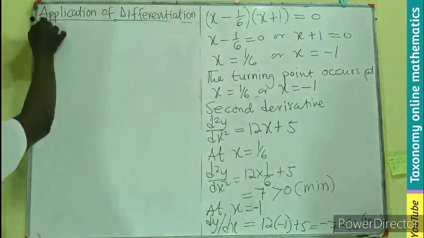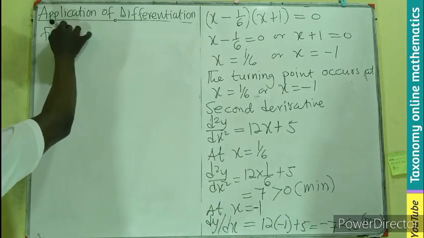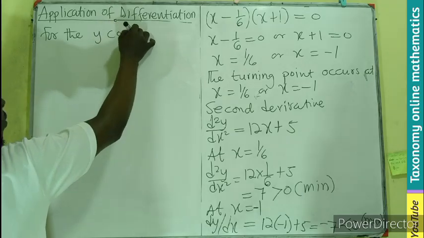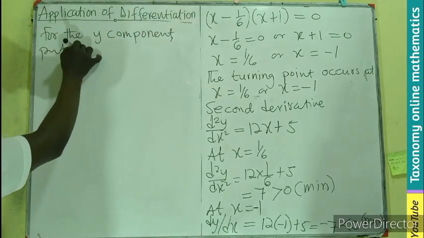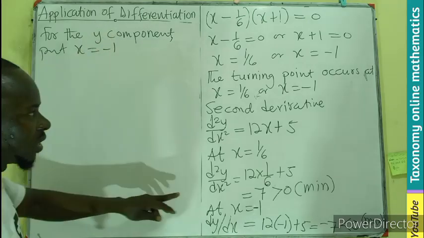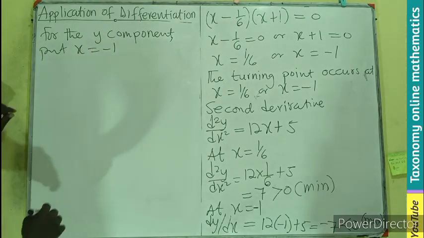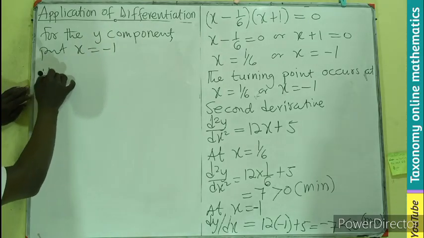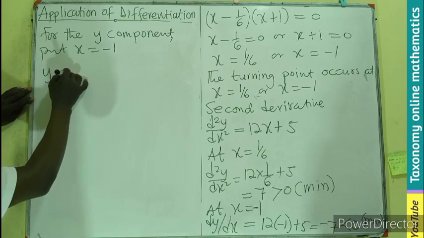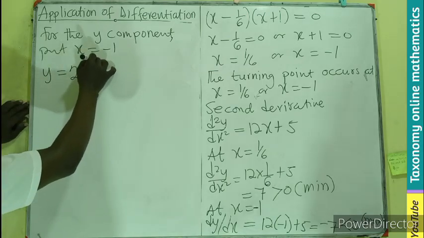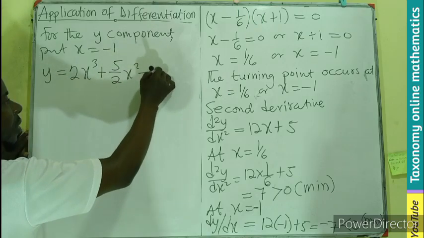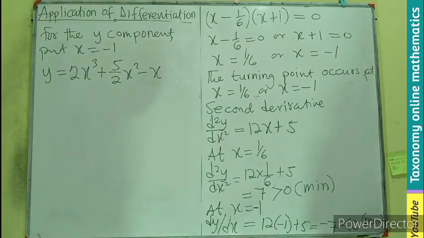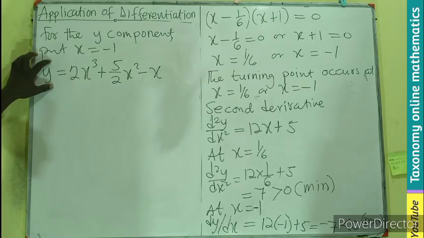So for the y component, put x equals -1 into the main equation, which we have as y equals 2x to the power 3 plus 5 on 2 x squared minus x. So this is the equation for the curve.